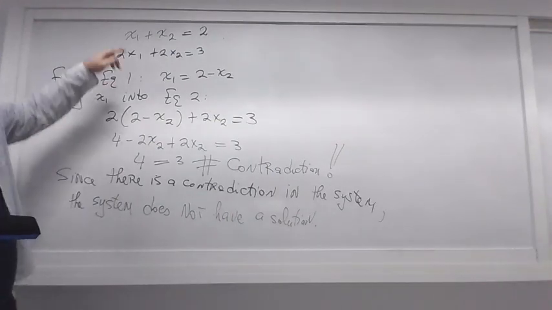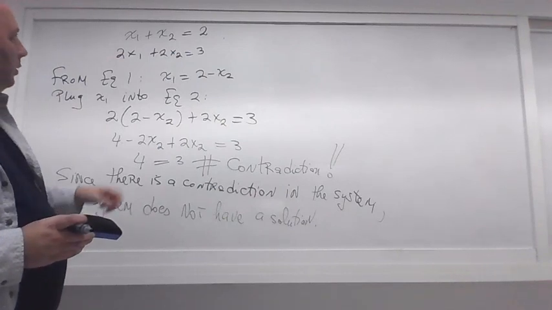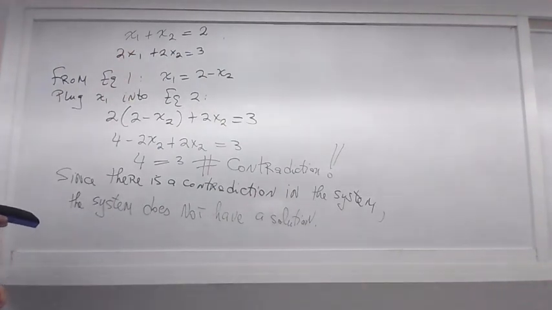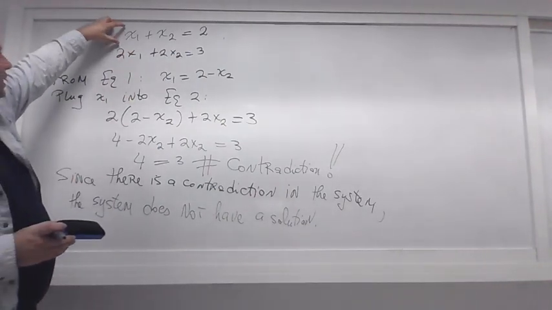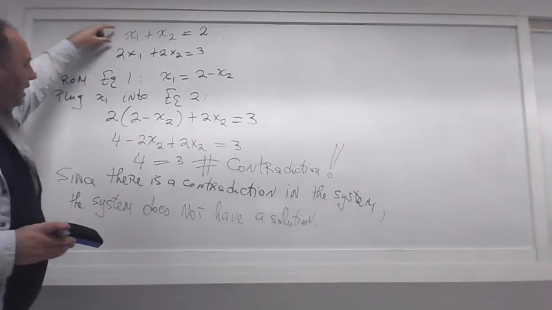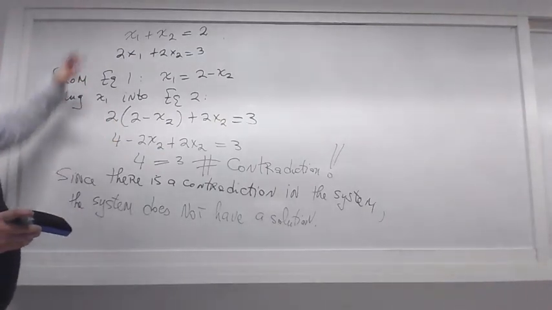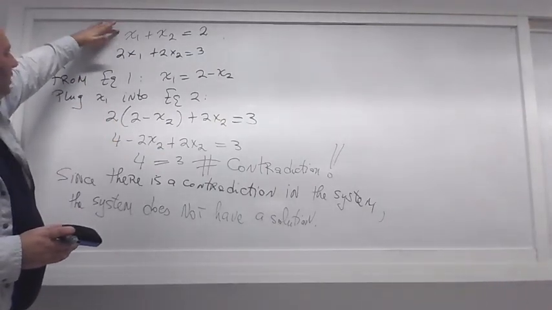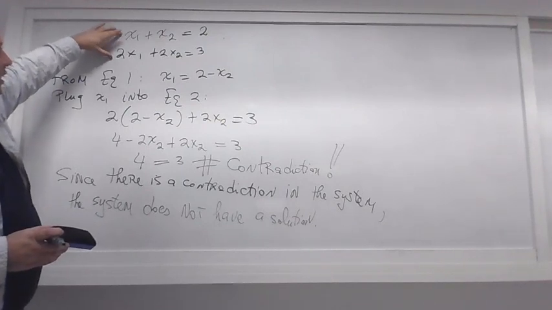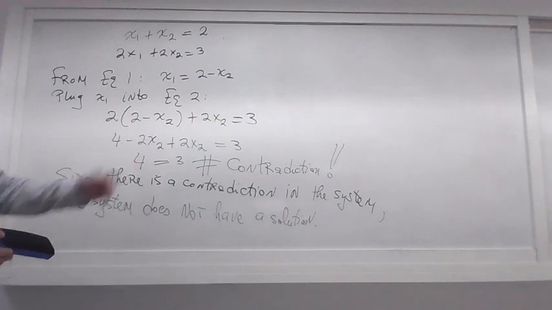So suddenly you see the values that x1 and x2 can take at the same time. Well, those values are limited. So we are putting constraints on possible values of x1 and x2. Each time we add a new equation, we put another constraint. And what this means is these two limitations or constraints that we are putting on x1 and x2, well, they are in contradiction. That's why we don't have a solution.